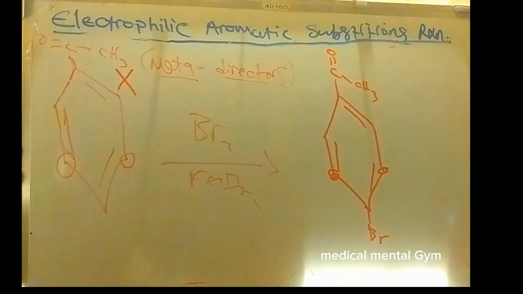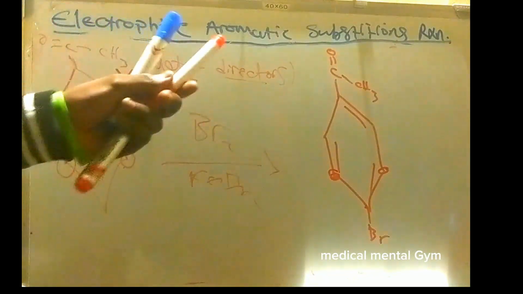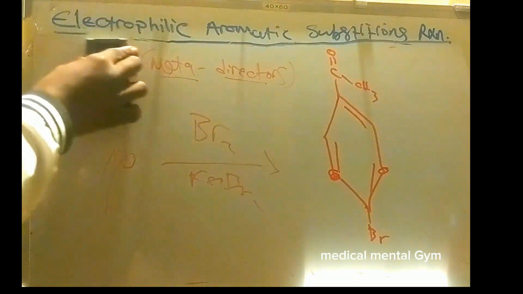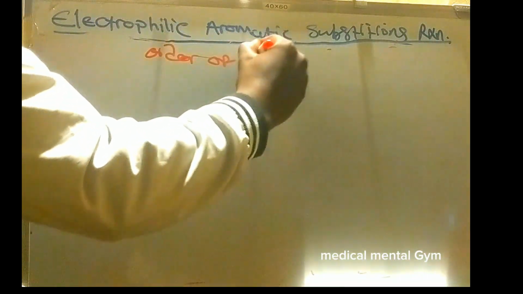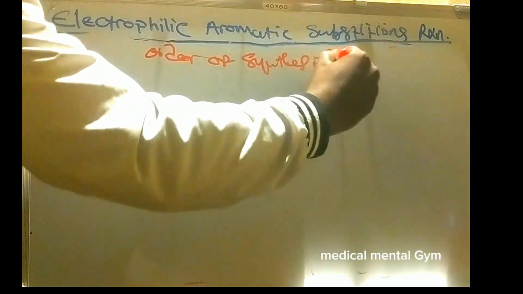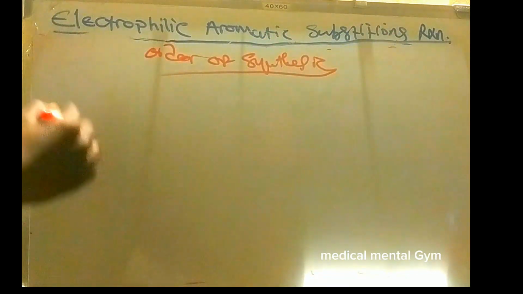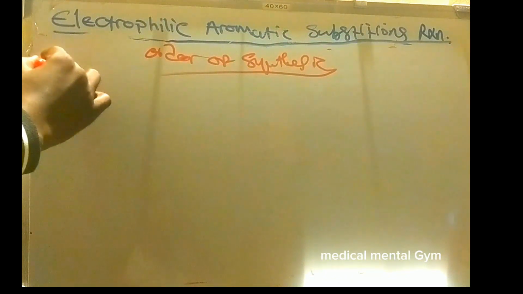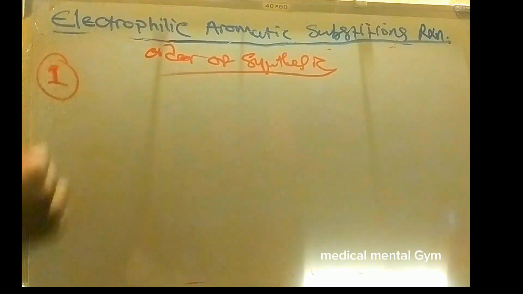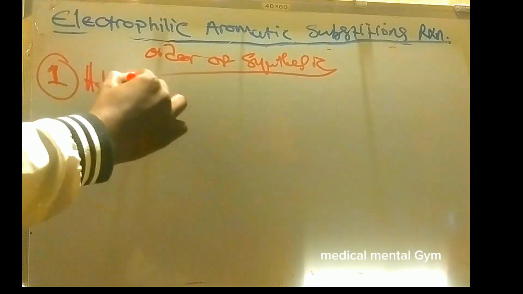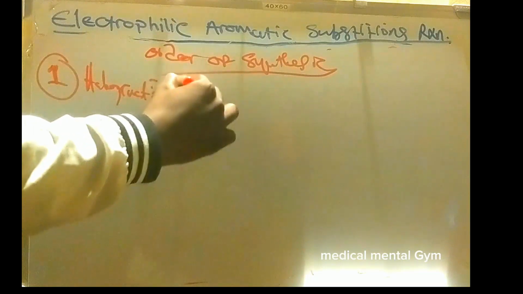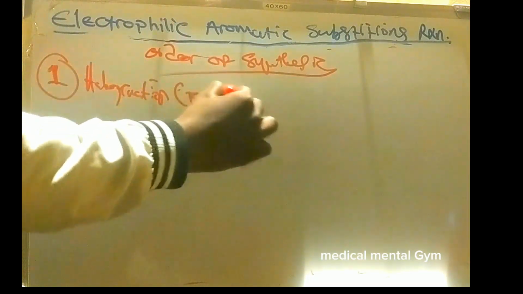Right. So based on this analysis, I'll draw the following conclusions. For the order of synthesis, the first reaction, reaction number one, will be a halogenation, where we use bromine.